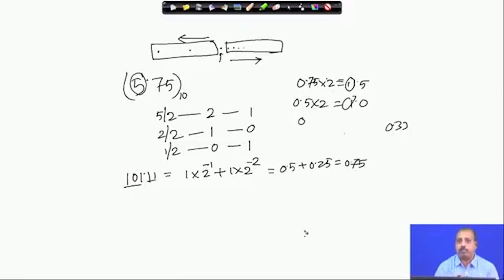When you are storing that number in a computer system, you have got a finite word size, so you cannot represent the number beyond some accuracy. You have to stop at that point and take that representation, though it will definitely never be equal to 0.33 or whatever be the number of digits that you have taken into consideration. So, this way we can convert from one number system to another number system.